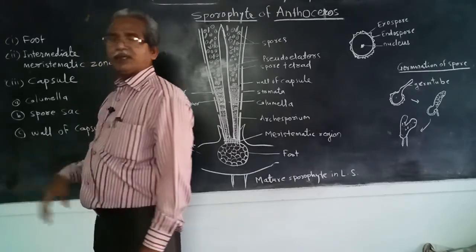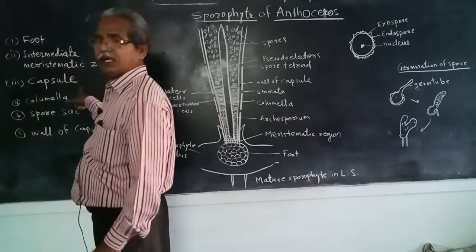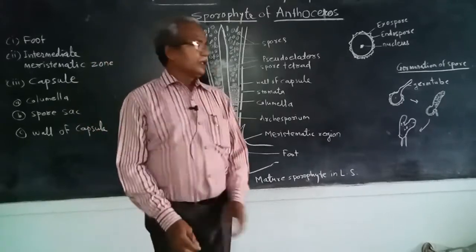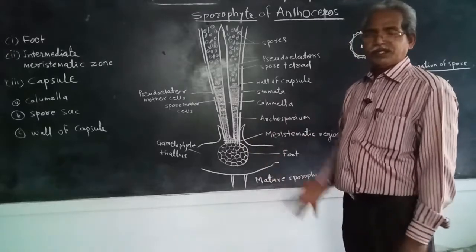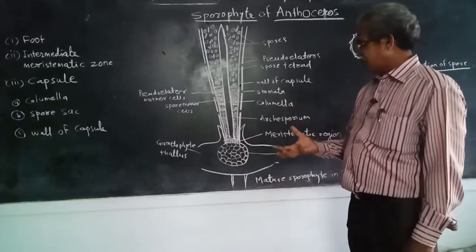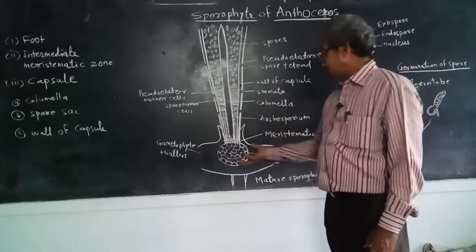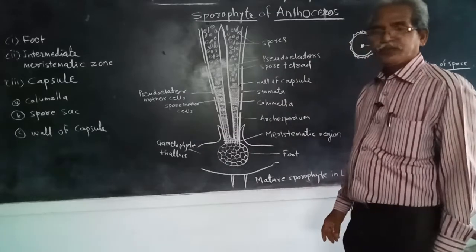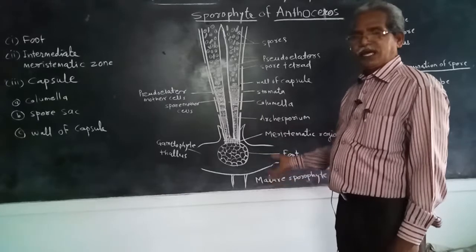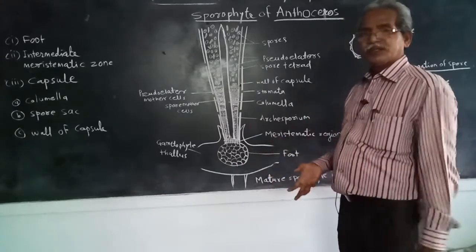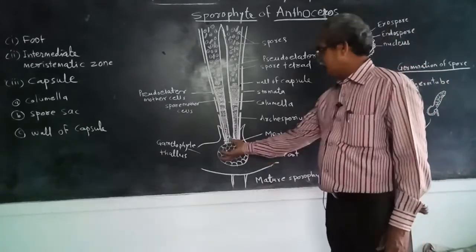The foot is the basal part of the sporophyte, which is bulbous and parenchymatous, and remains embedded in the tissue of the gametophyte. It fixes the sporophyte in the gametophyte, and it absorbs food, water, and minerals from the gametophyte.